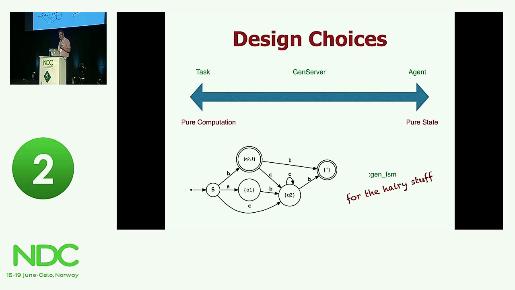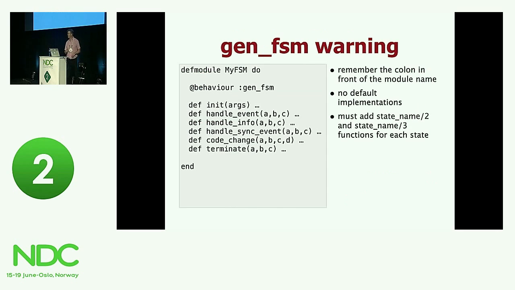The GenFSM, since it's coming from Erlang, will complain like hell when you try to compile it. You must implement all these functions. If you do not even provide a stop for it, the compiler will complain. This is Erlang for you. It complains about everything there. But then again, it's for telecom, so it's okay to complain there.